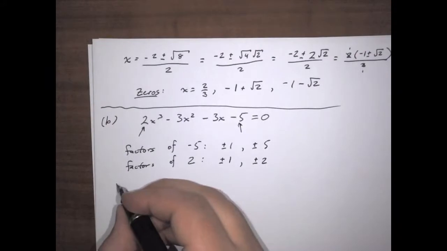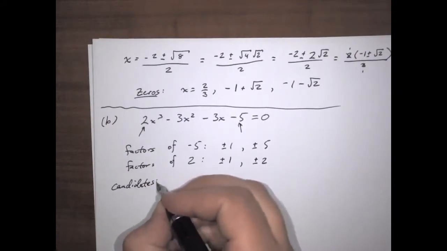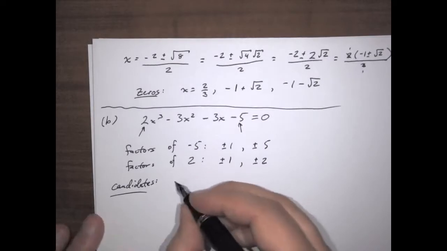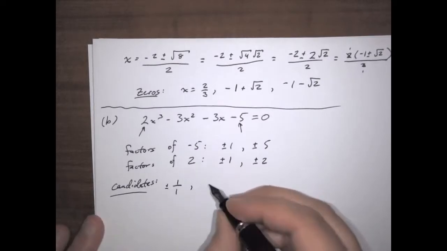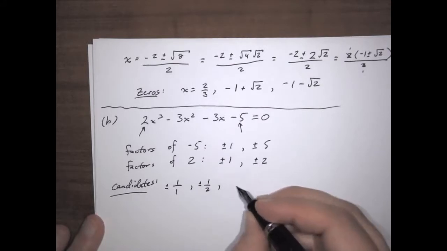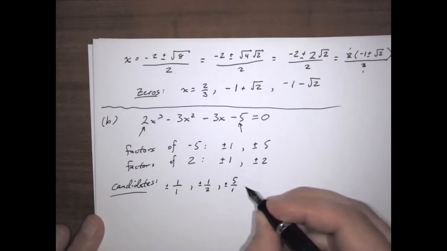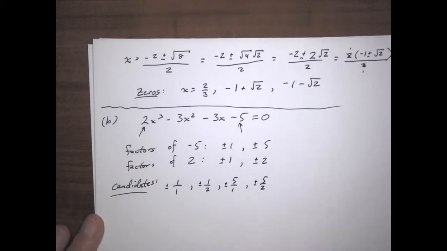So then the candidates are going to be 1 over 1 plus minus, and 1 over 2 plus minus, and 5 over 1 plus minus, and 5 over 2 plus minus.